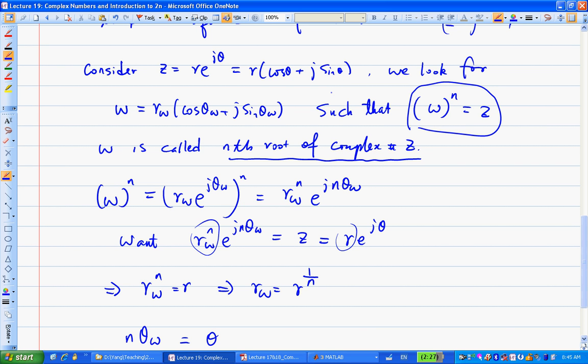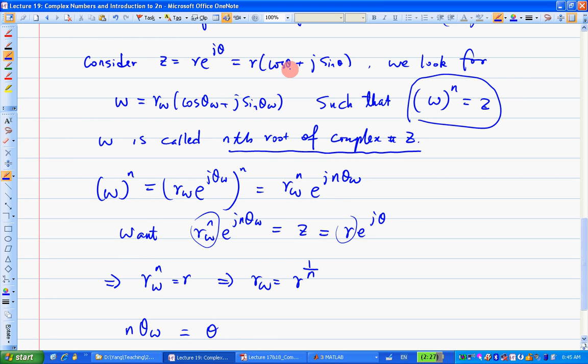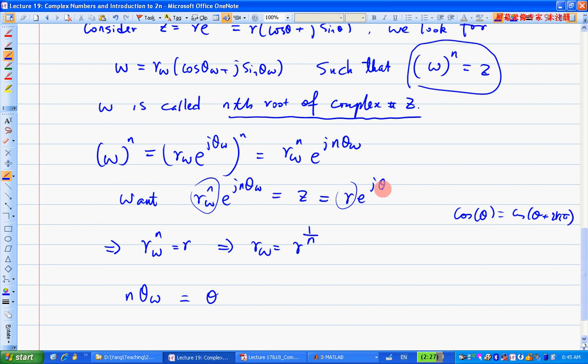They are periodic, and the period is 2π. So if you add any integer multiple of 2π, it doesn't change: cosine θ equals cosine of θ plus 2kπ. So instead of just θ, I'm going to change it to θ plus 2kπ, where k could be 0, 1, 2, any integer.